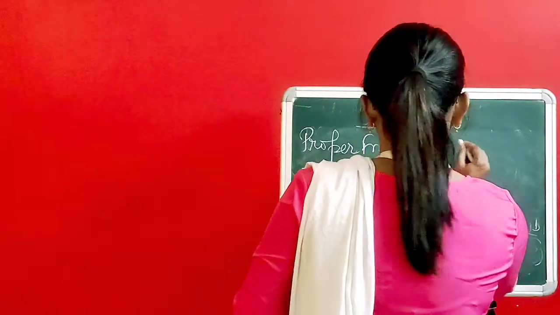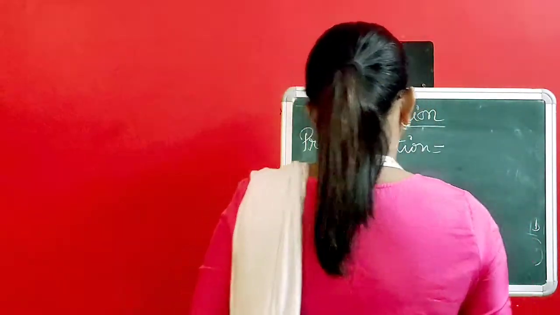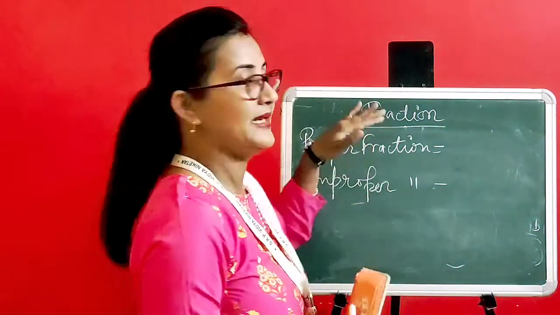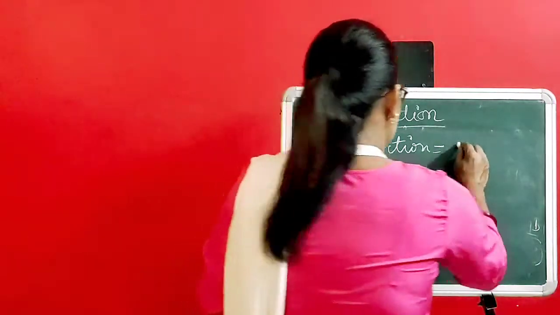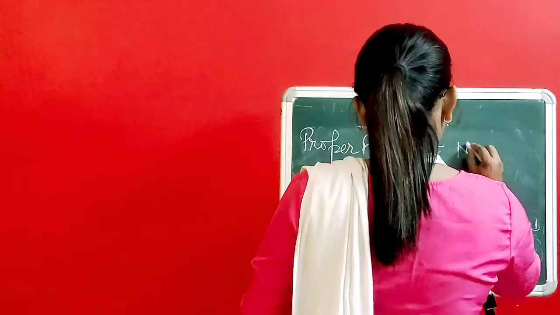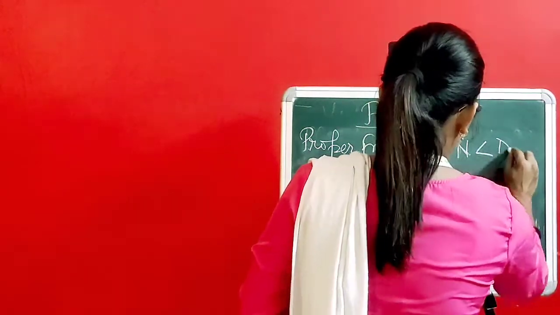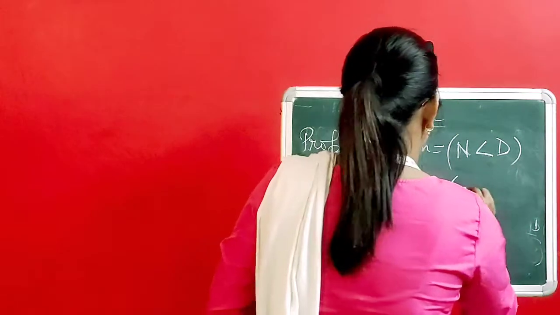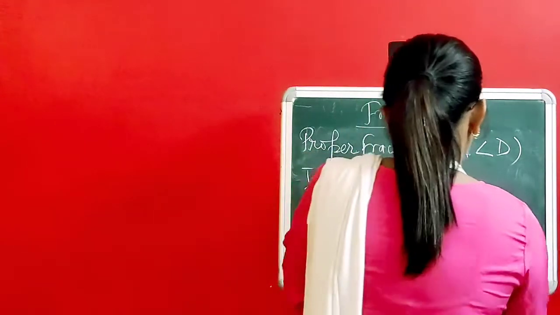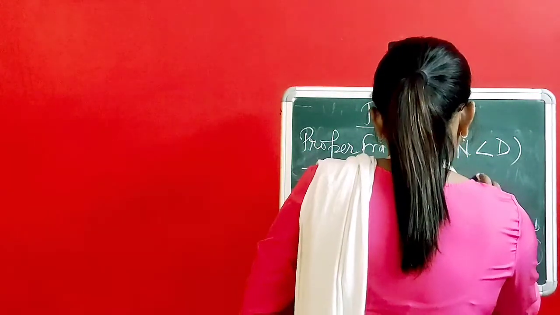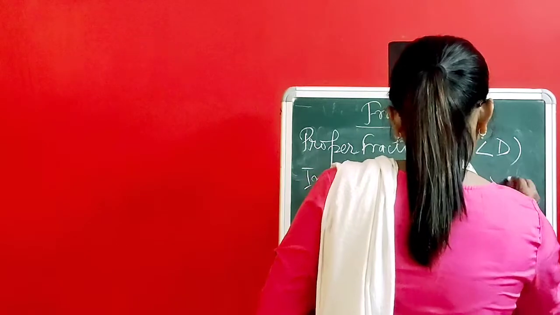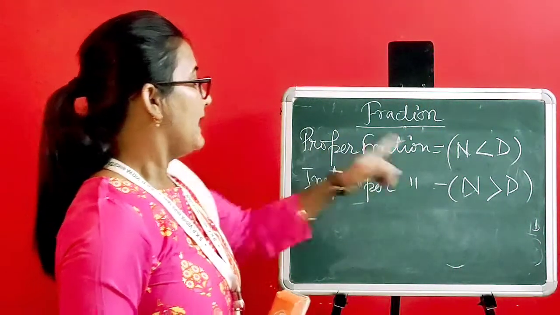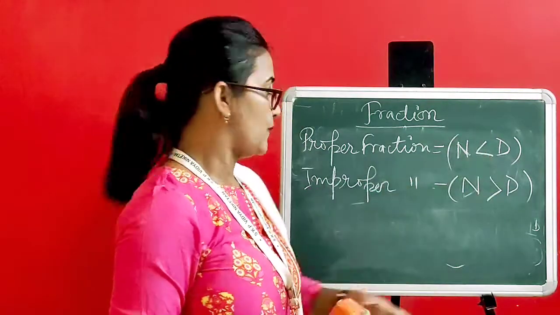A very simple definition: in the case of a proper fraction, the numerator is always less than the denominator. And in an improper fraction, the numerator is greater than the denominator. Okay, now see, n means numerator, d means denominator.